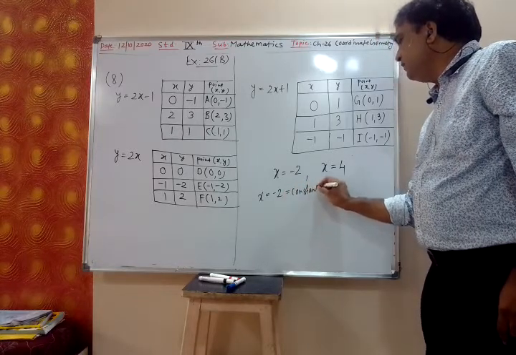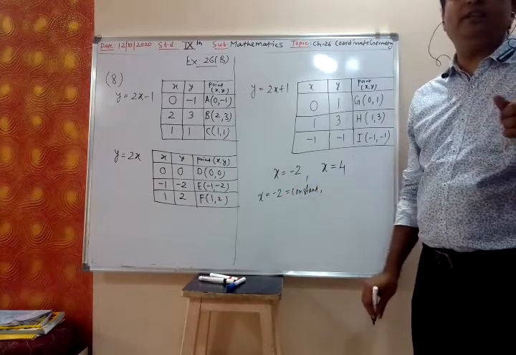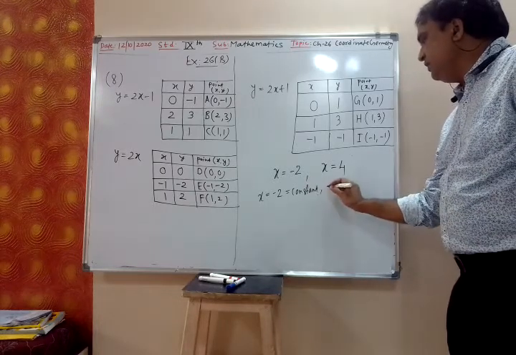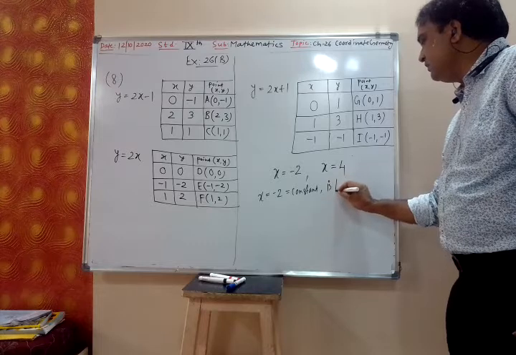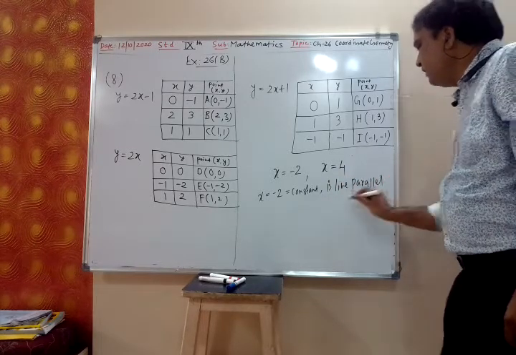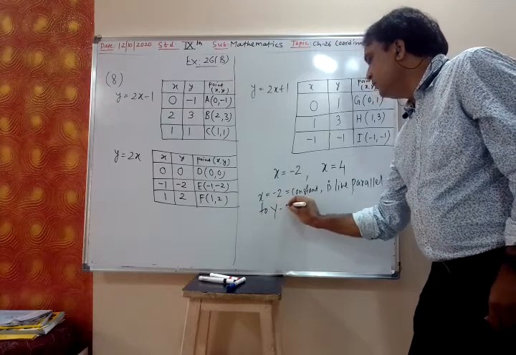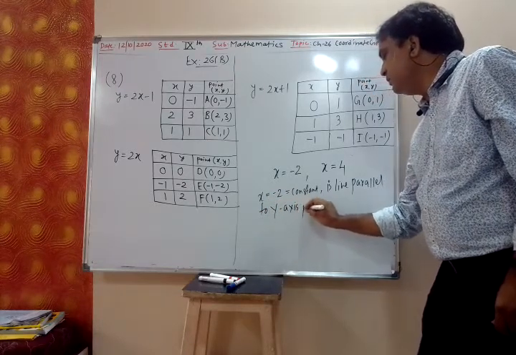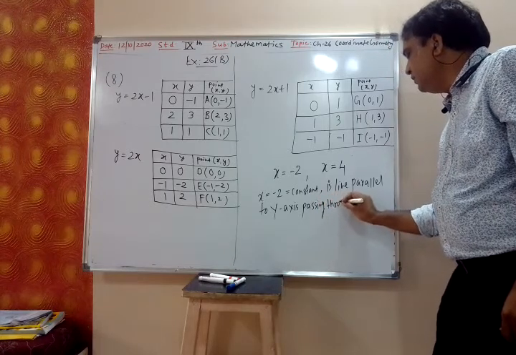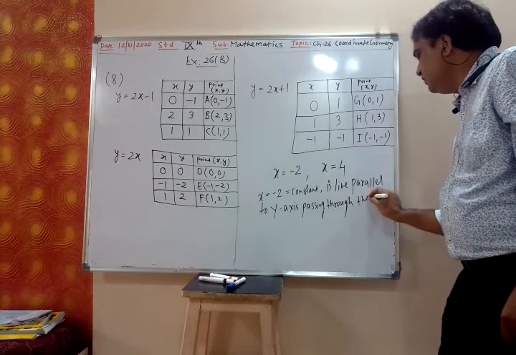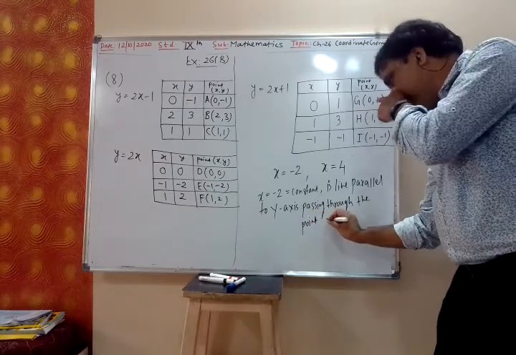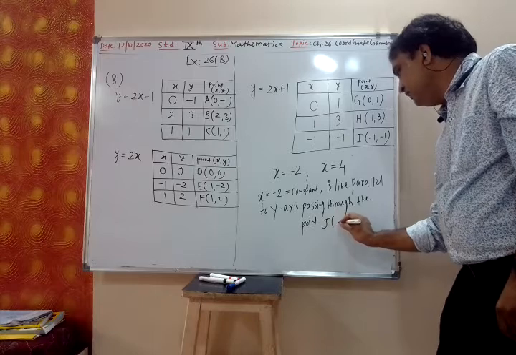We have told you several times, x is equal to constant is a line parallel to the y-axis. So x is equal to minus 2 is a line parallel to the y-axis, passing through the point J, that is minus 2 comma 0.